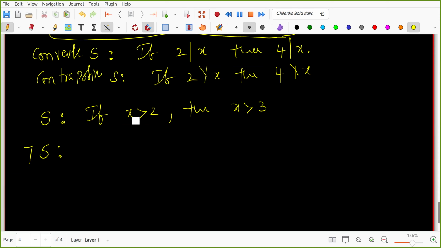What about this? This is true for some x, so it is not completely false. For your clarity, it is better to take something else.